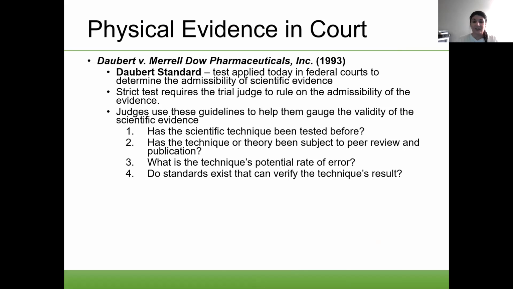Do standards exist that can verify the technique's results? This is kind of like what I said before. The standard operating procedures are a result of quality control, quality analysis and performance tests of the techniques, to make sure the test is proper and it's working well, and that the workers in the lab who are working on it are performing it properly.